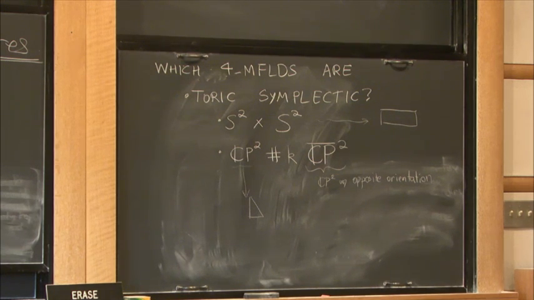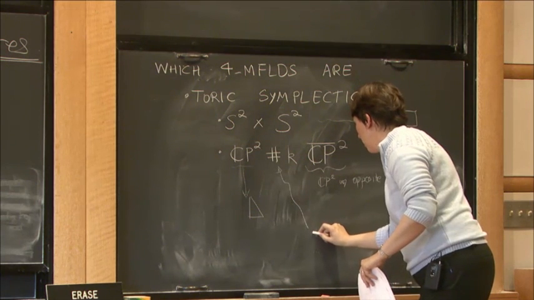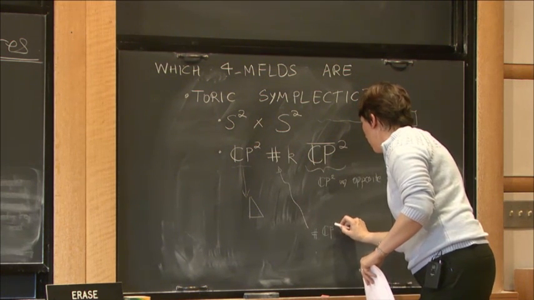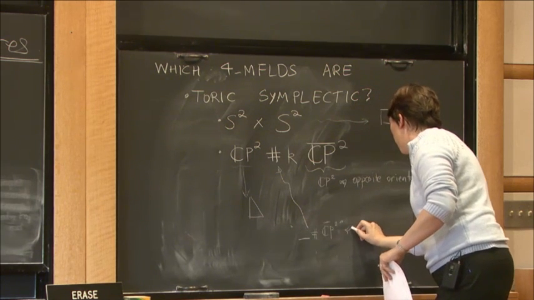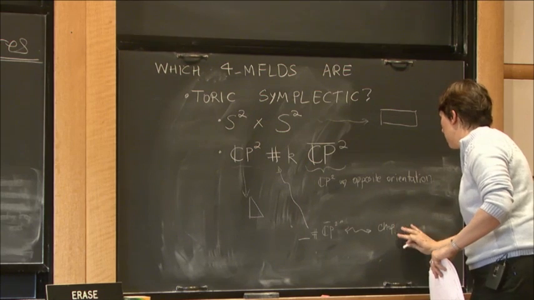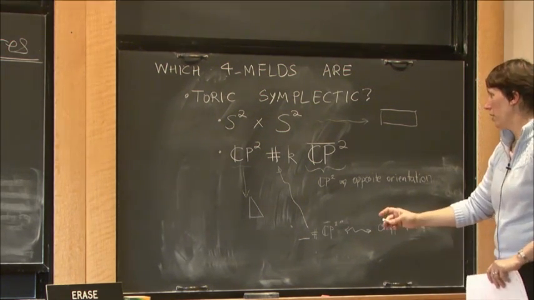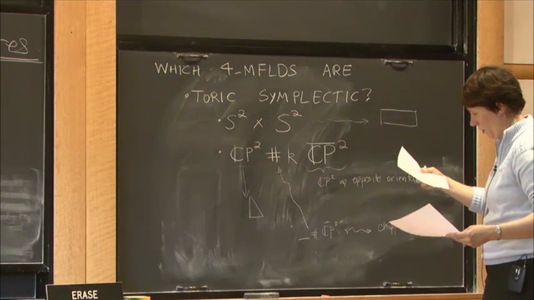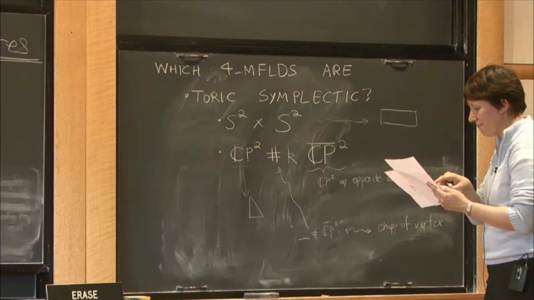So doing this connect sum with CP2 bar in the polytope world corresponds to chopping off a vertex.